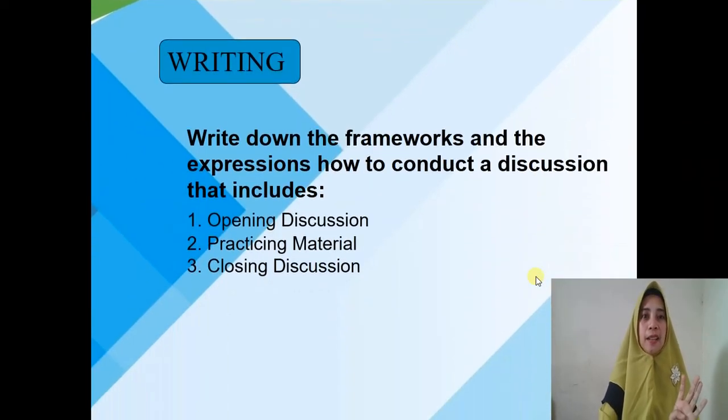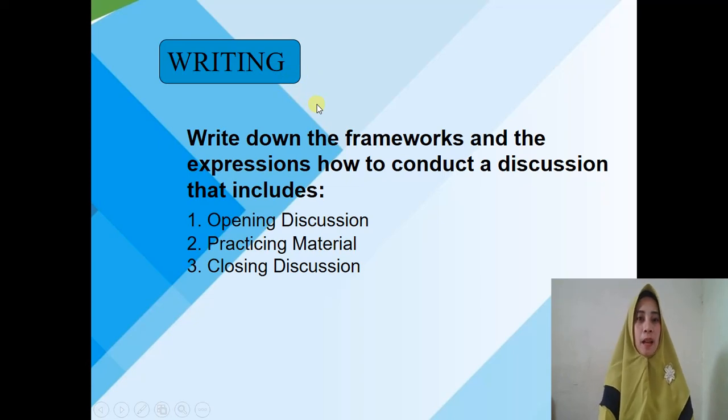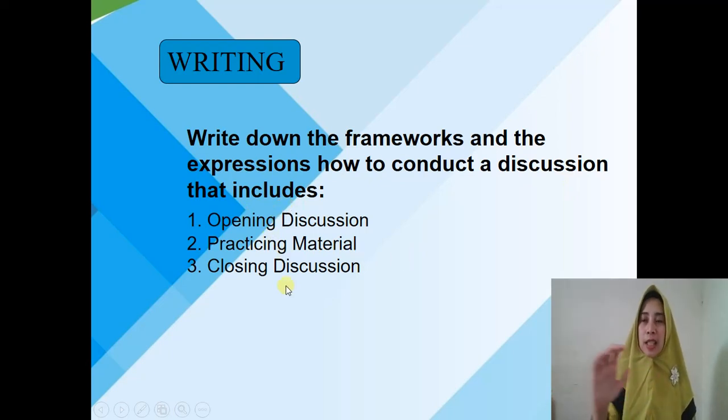And at the end of the slide, for writing skills for English online class today, you are expected to be ready to write down the frameworks and the expressions for how to conduct a discussion that includes opening discussion, practicing material, and closing discussions.